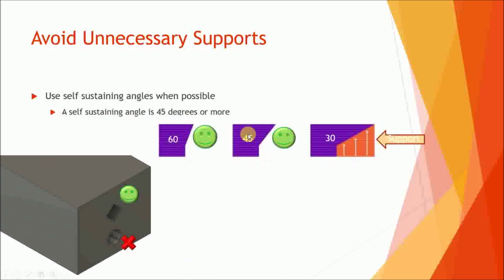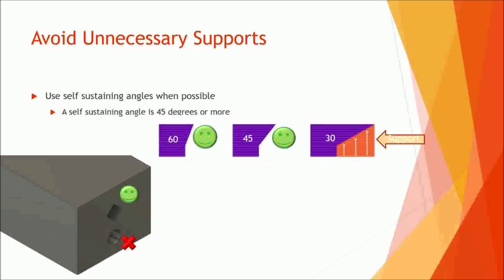Alright, avoiding unnecessary supports. So basically 45 degrees of overhang is pretty much your limit until you're going to need support under the overhang.